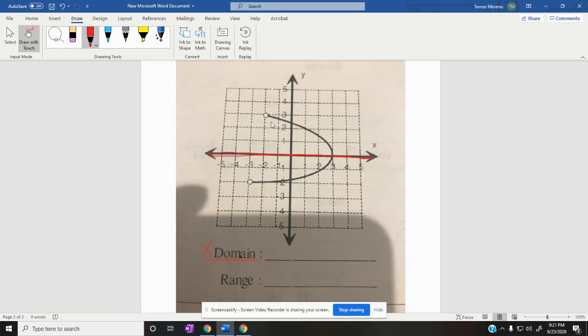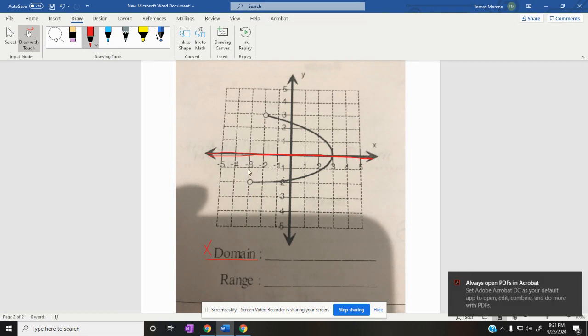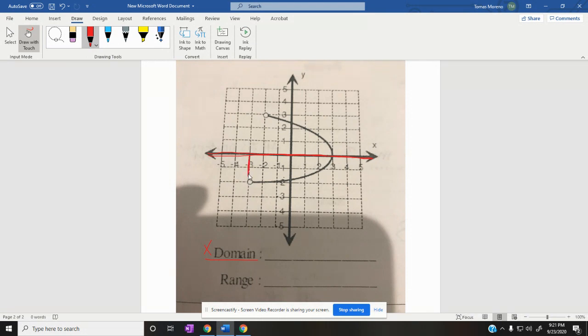So I want to find the smallest x. Sorry about that noise. Smallest x, in this case right here, would be -3. Then I want to go to the largest x, and it seems like it stops right here, so that's 3.